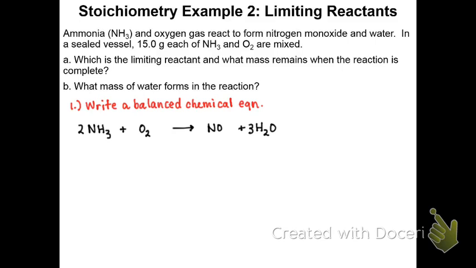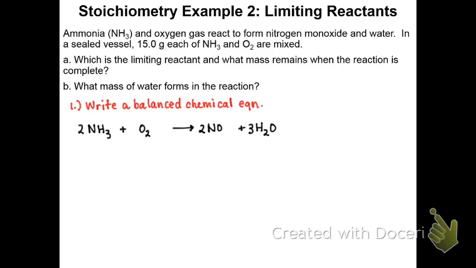The only problem now is that our nitrogen and oxygen are no longer balanced, so now we need to go back and balance those. So we see that we have 2 nitrogens in the reactants and 1 in the products. So if we multiply by 2, we'll balance the nitrogens. And so now we just have to balance the oxygen. So we have 2 in the reactants and we have 2 plus 3, so 5 in the products.